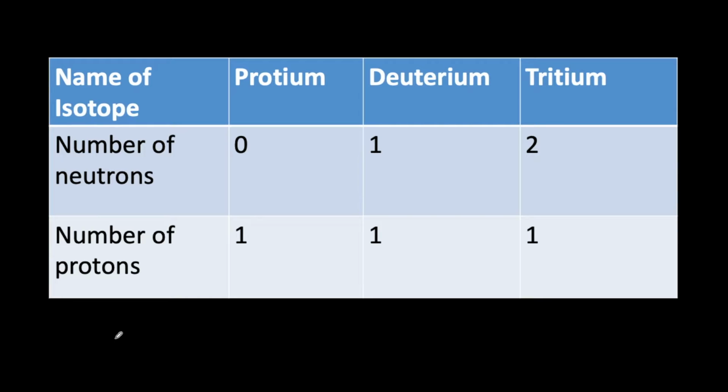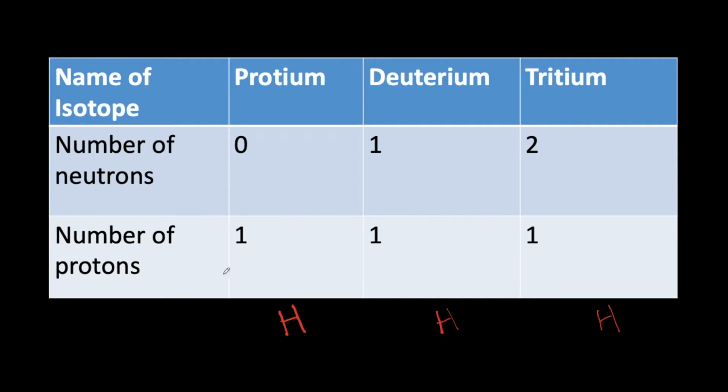Now, what we can do, so you can see the difference between the three, is we can write the nuclide notation for each isotope. All three will have the symbol H for hydrogen, as they are all hydrogen atoms. Protium has 0 neutrons and 1 proton.